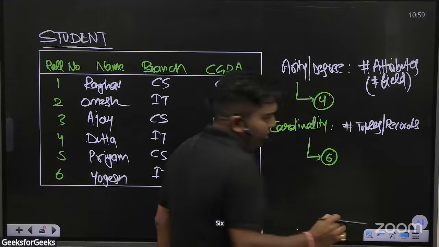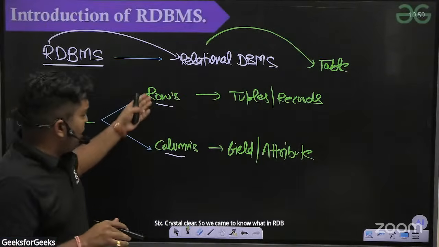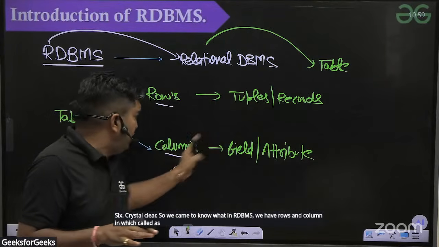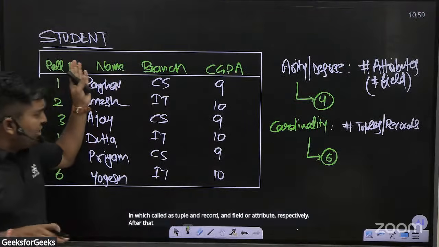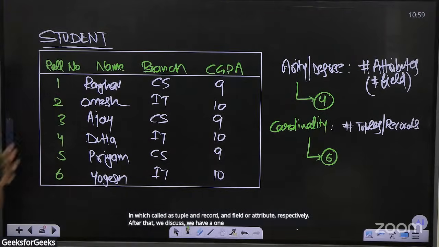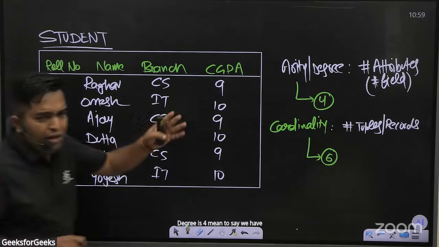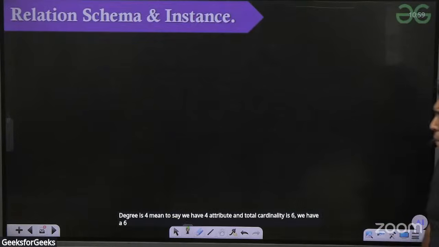Crystal clear? So in RDBMS we have rows and columns, which are called tuple or record and field or attribute respectively. We have one relational schema in which the degree is 4, meaning we have 4 attributes, and the cardinality is 6, meaning we have 6 tuples.